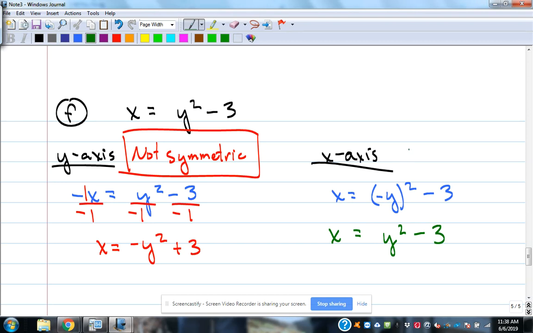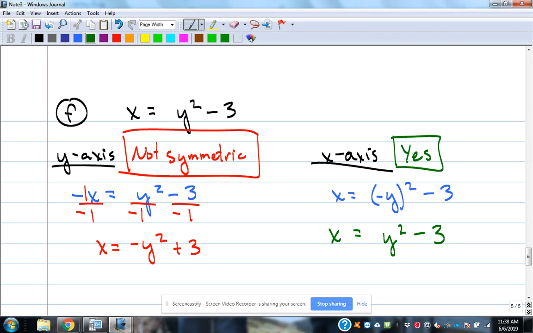Yes. So it is symmetric across the x-axis, but not the y-axis. So we know for sure that it's not symmetric across the origin because it's only one of those. If it's yes, yes, it's symmetric across the origin. But if it's no on either of the other axes, it's not symmetric across the origin.